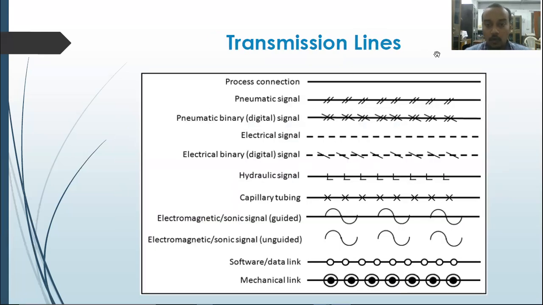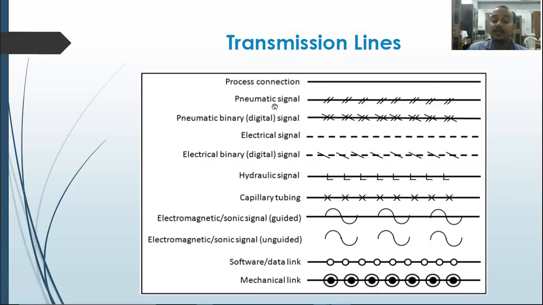Which I just told you, this is given over here in the transmission lines. If you have a continuous line in your P&ID, no need to think about it, please take it into consideration that it is a process connection, nothing but a process connection.